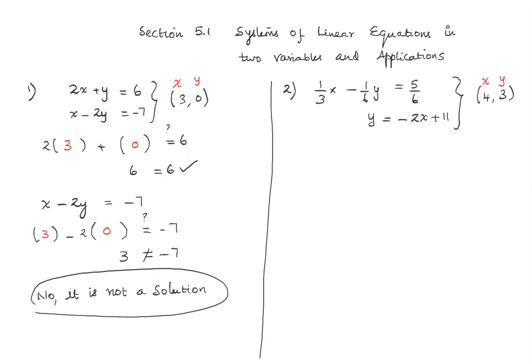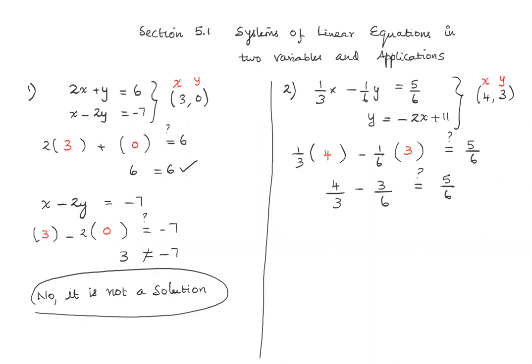So we have to plug in these values into this equation. Let's check the first equation. We have to see if it is equal to 5/6. So we get 4/3 minus 3/6. Is it equal to 5/6?